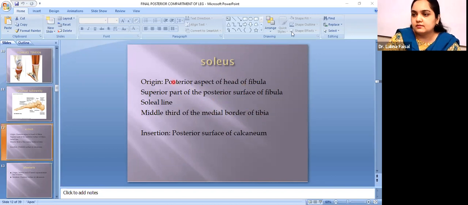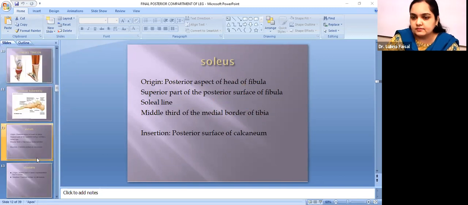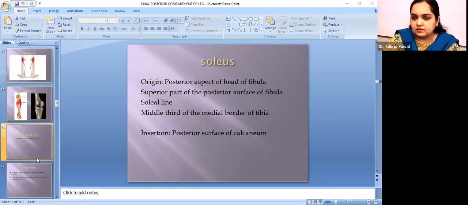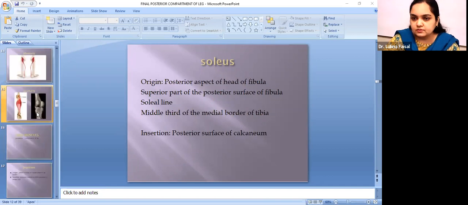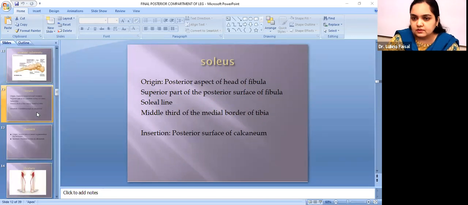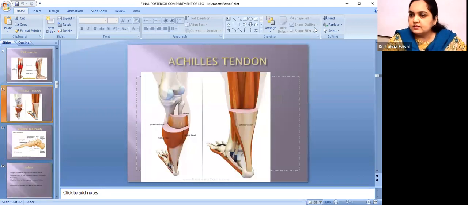Here you can pick out this soleus muscle in the diagrams. This is the soleus muscle, originating from the posterior aspect of the fibula, the medial surface of the fibula and the posterior surface of the fibula as well.